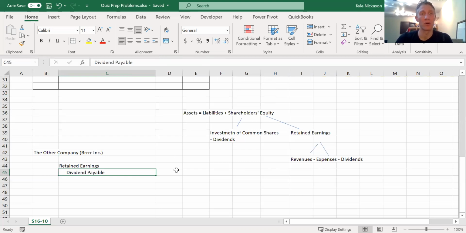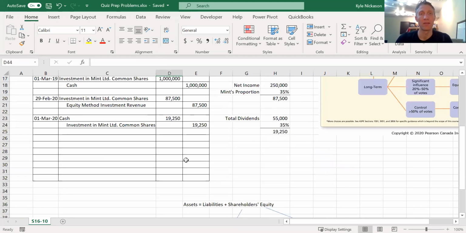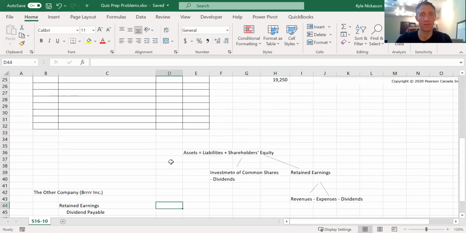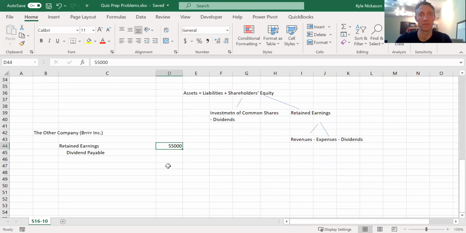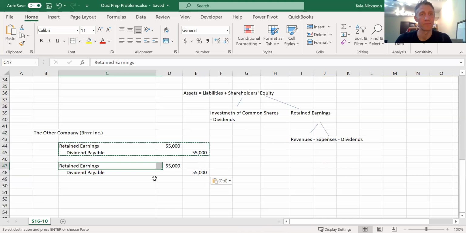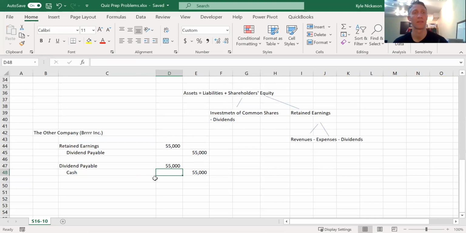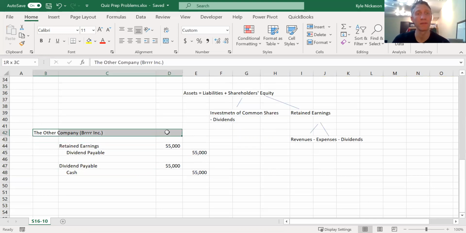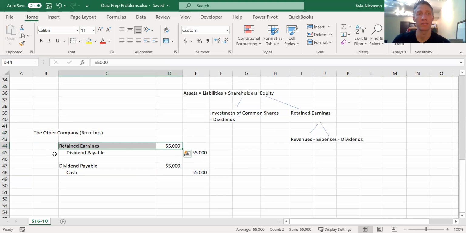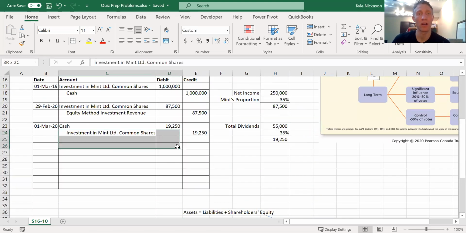And then the total amount for them is going to be 55,000. And then when they actually pay that dividend, they're going to lower their dividend payable to zero and lower cash. So from their perspective, their equity is decreasing. So we're going to actually lower our asset amount because the equity in the other organization has decreased. So hopefully that makes sense.